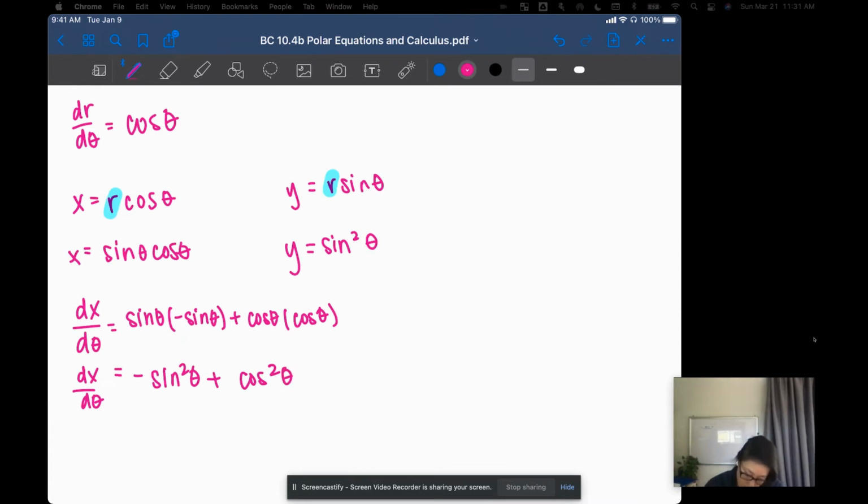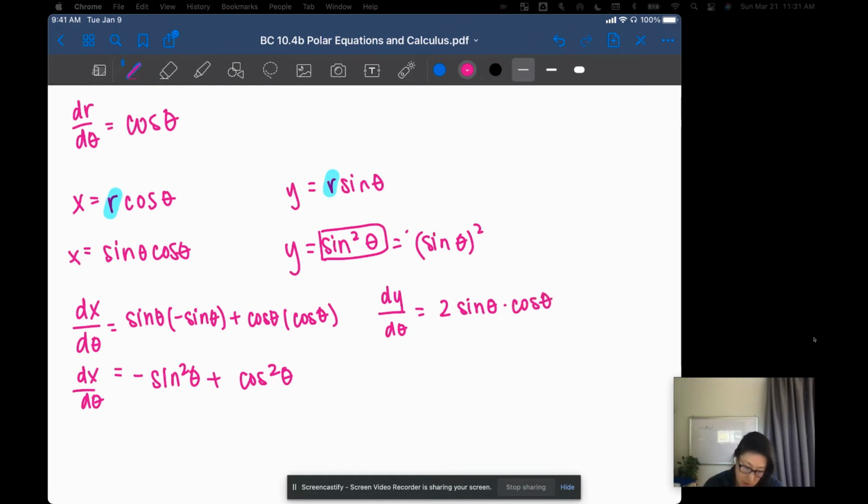Okay, dy/d theta is equal to... I'm going to apply the chain rule here. This is sine theta all squared. So this is 2 sine theta to the first power times the derivative of sine theta, which is cosine theta.